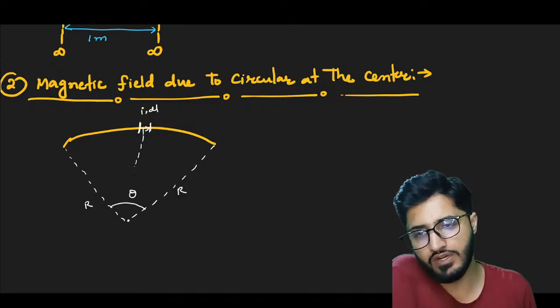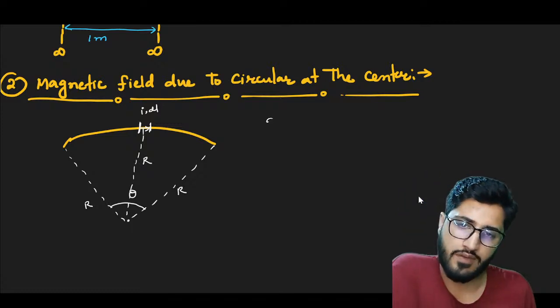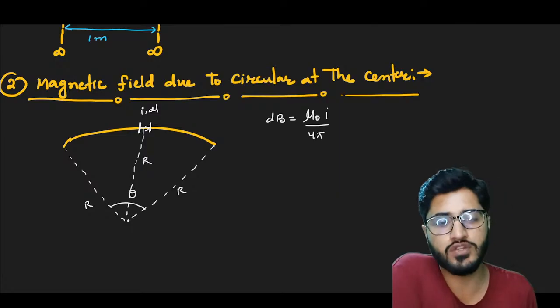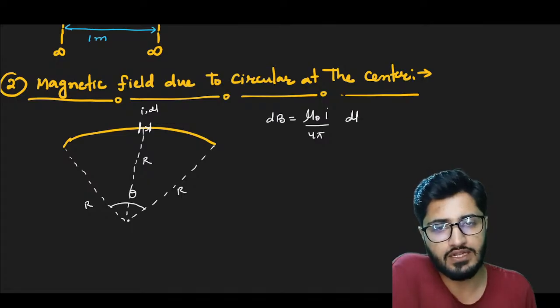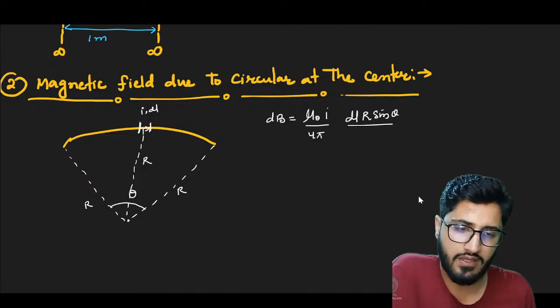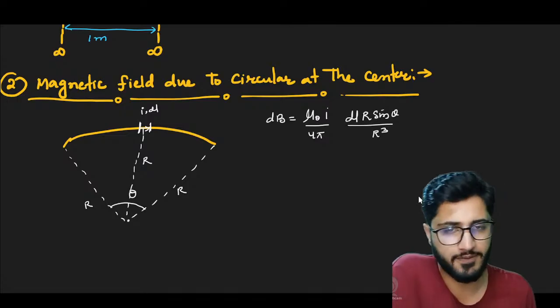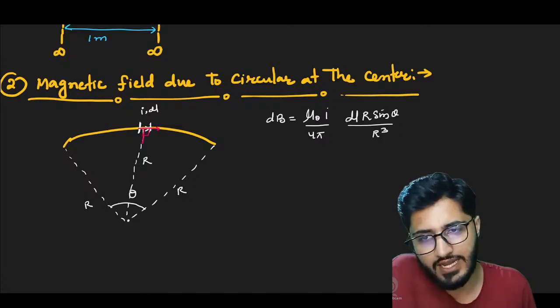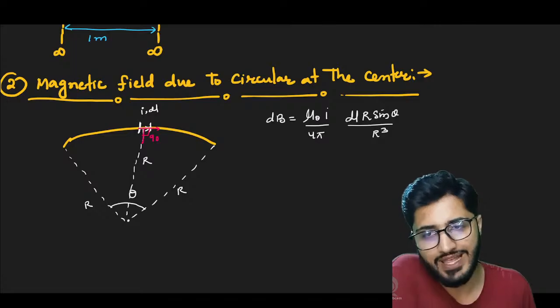Distance would be r only, no? So what would be the small magnetic field due to this small element? It will be mu naught, current I flowing, divided by 4 pi. We are using the law: dl r sine theta divided by r cube. Every time, you can see the angle is 90 degrees.